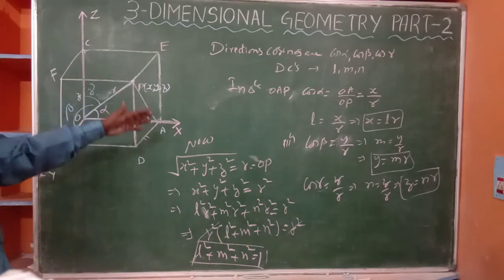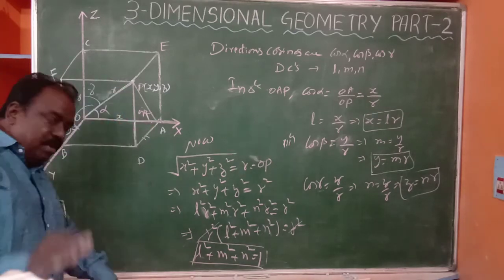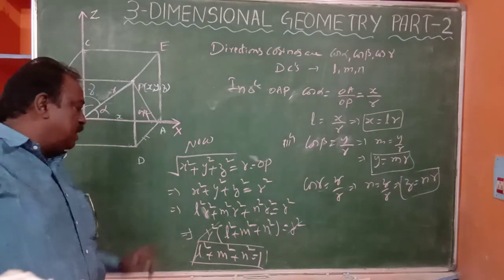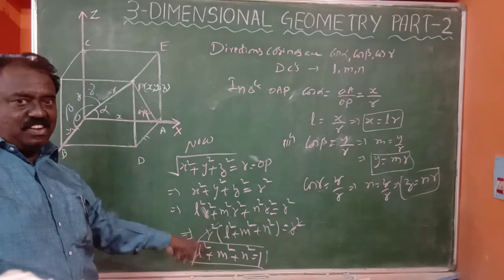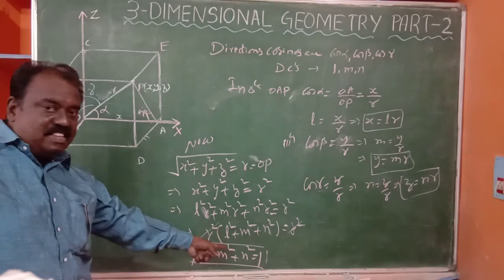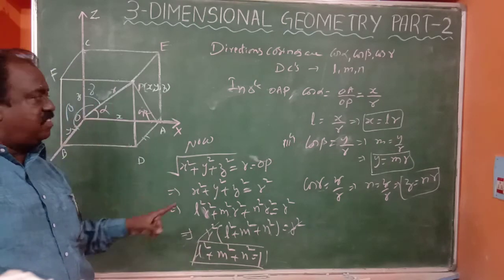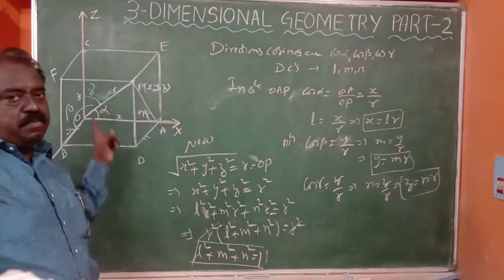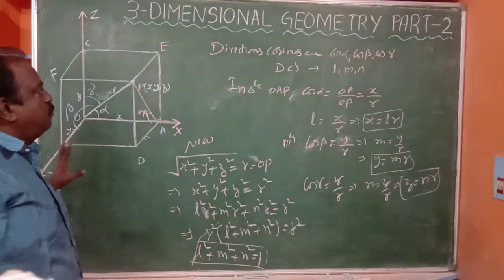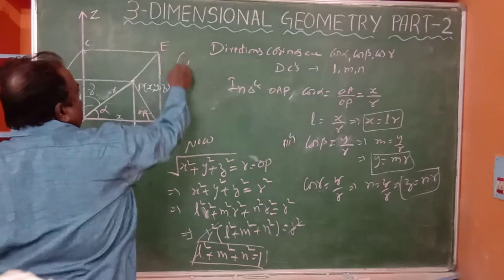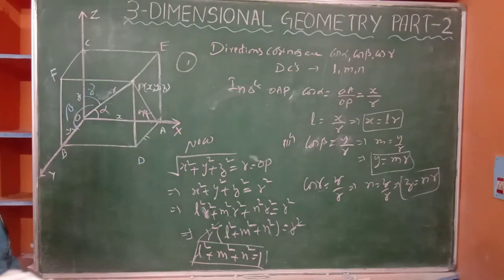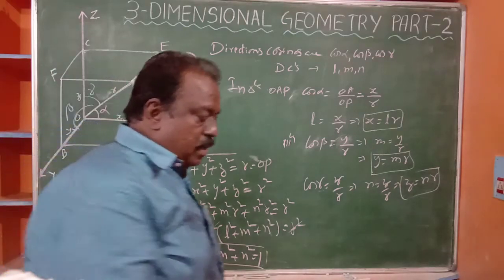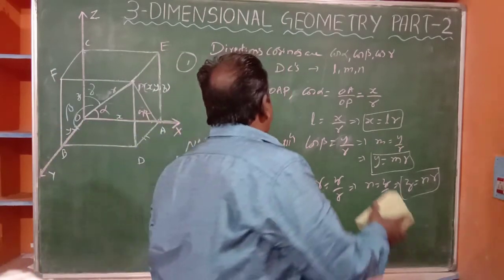So for any line in space there must be DCs, and the sum of squares of the DCs is always 1, unity. It is a very fine theorem. It is the first theorem we assume.